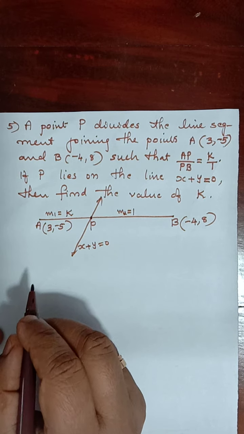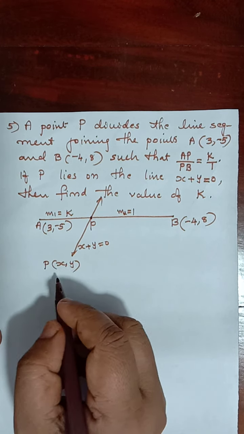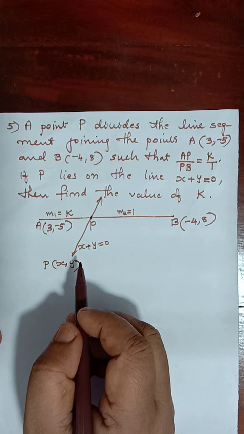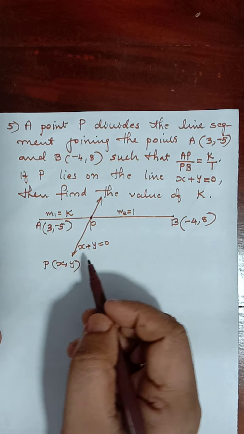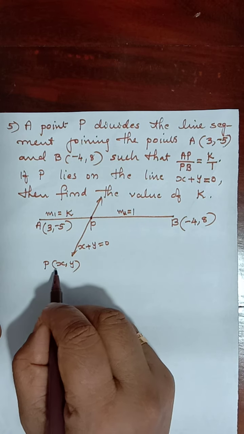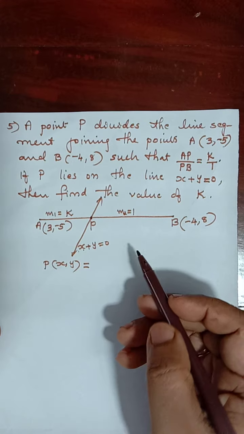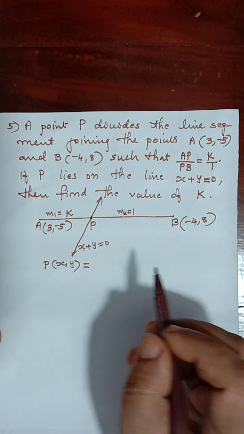By the section formula, we know P(x, y) equal to P coordinates. Just they have given P coordinates. So P coordinate will be x and y. That x and y we have to substitute in the equation of the line.